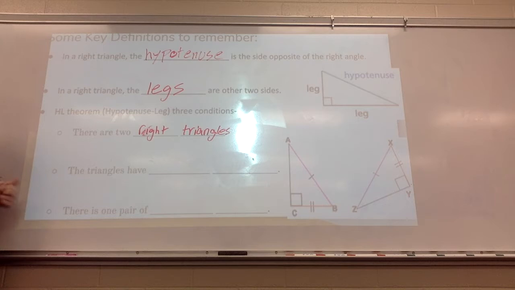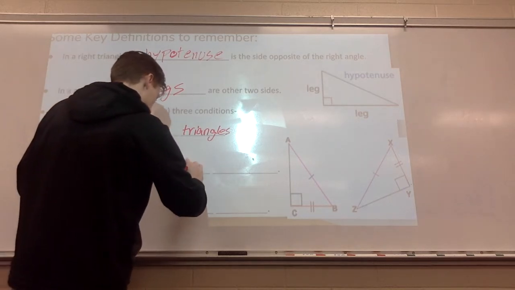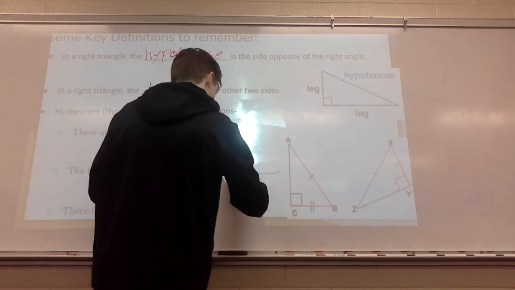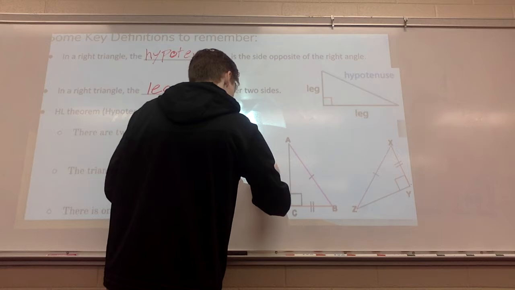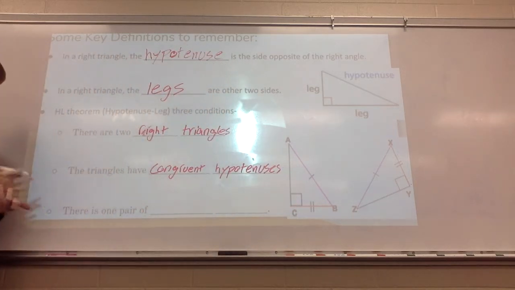Next, the triangles have congruent hypotenuses. Okay, so our hypotenuses, the long sides, they have to be congruent. If they are not, you cannot use the hypotenuse leg theorem.